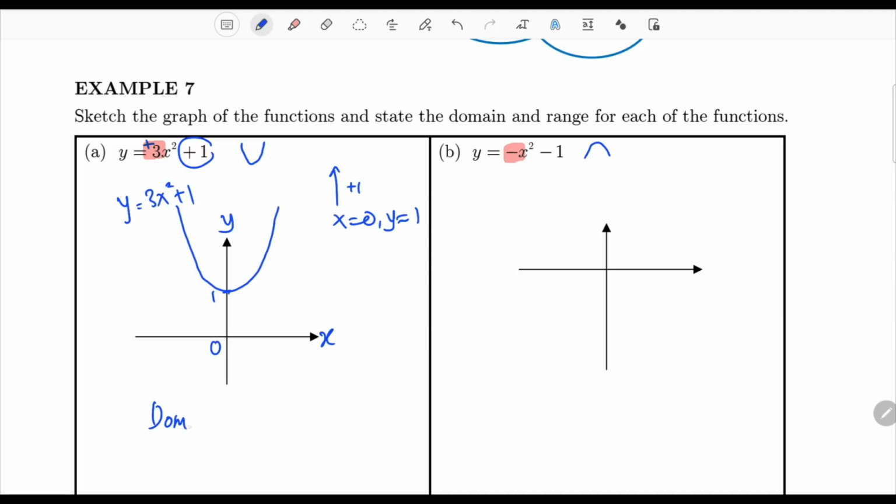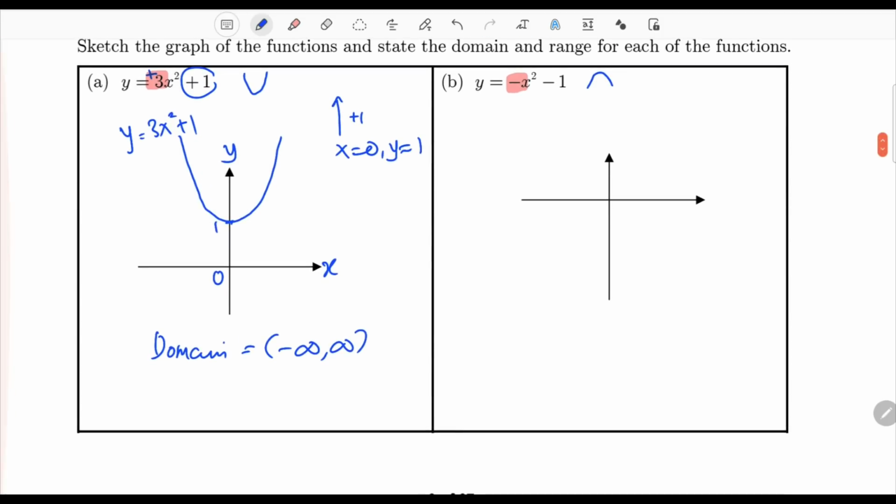The domain will be real numbers, negative infinity to infinity. The range will be from 1 to infinity. Always, if you have infinity, it should be the curve beside it.